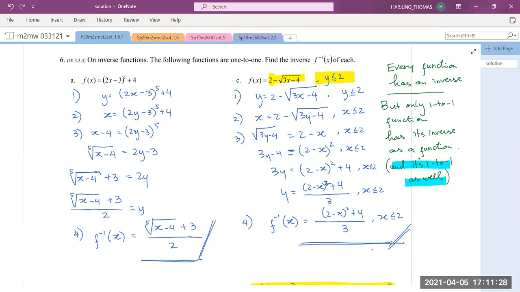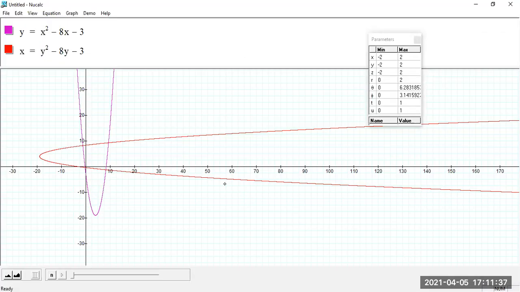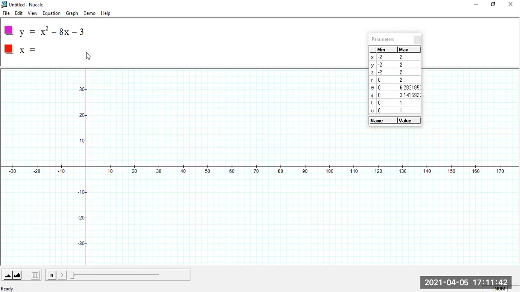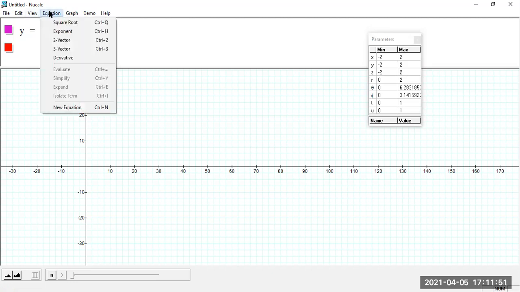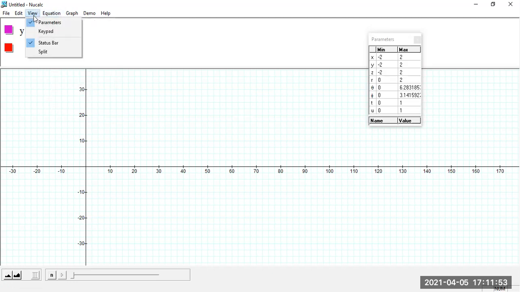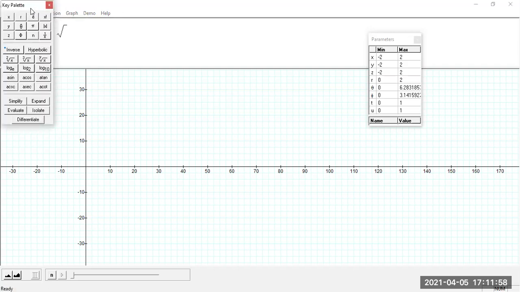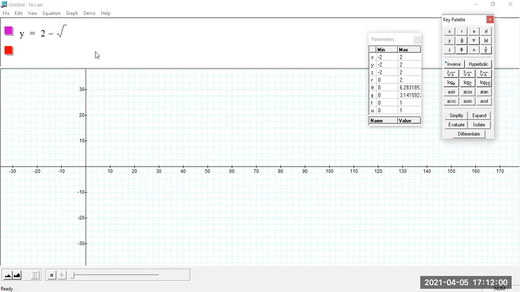Now let's take a look at the graph to convince you that what you wrote originally is not the perfect inverse. So originally we have 2 minus square root of 3x minus 4.